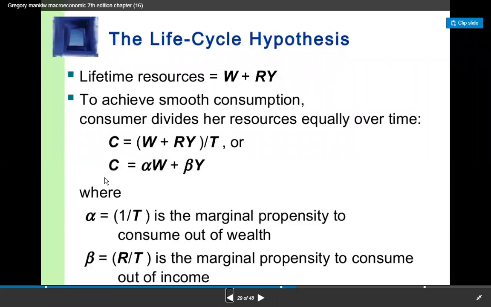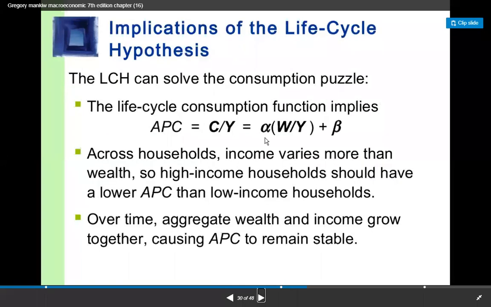I am sure you have done this. So C over Y is APC. Here also, divide the whole equation by Y. Then alpha W over Y, beta Y over Y, we get this outcome: alpha W over Y plus beta.